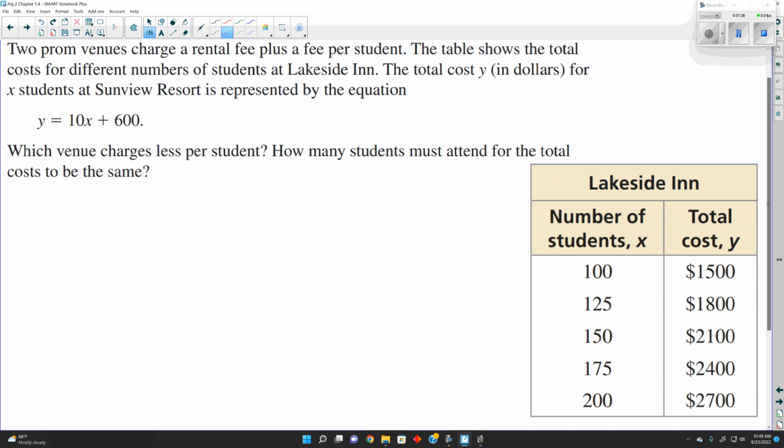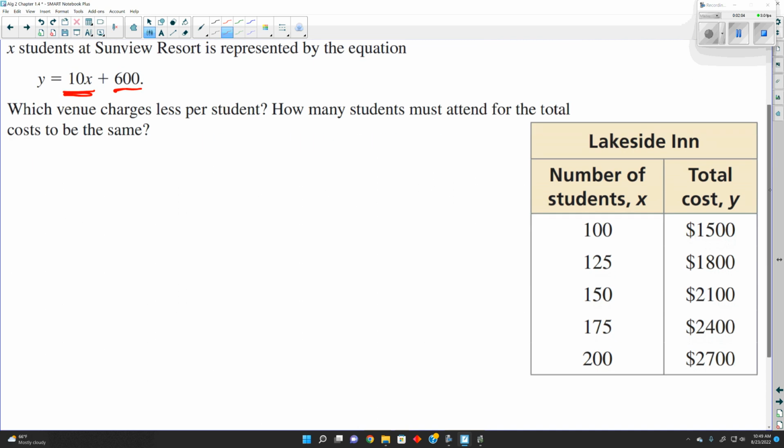For Sunview Resort, it already told us: it costs $10 per student with an initial cost of $600. So you'd pay $600 up front and then $10 for each student.